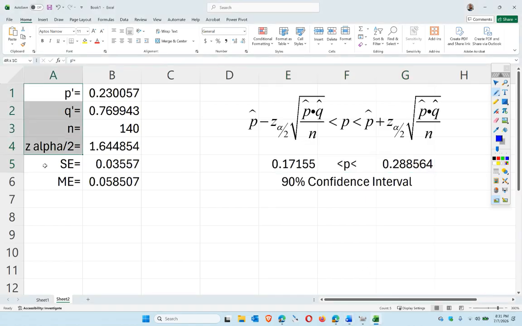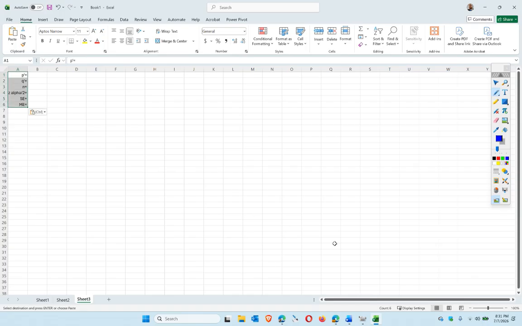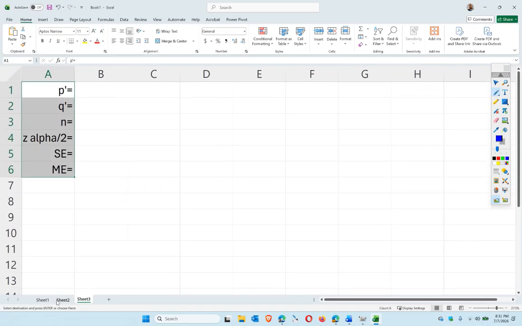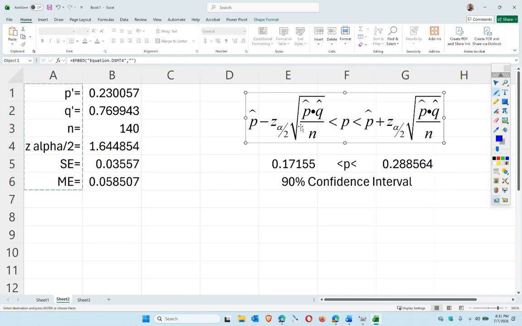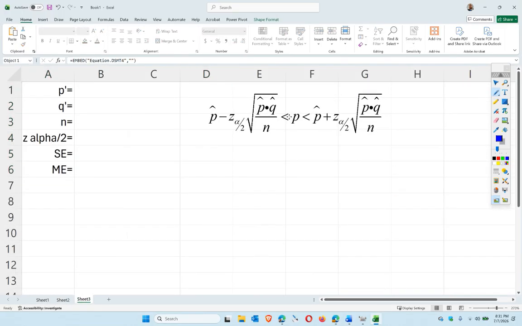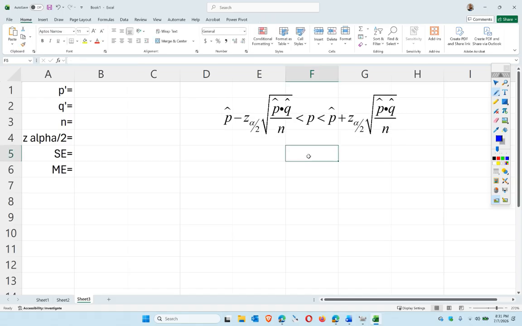So let's take these things here, copy them to a new tab, blow this up, take the formula. Again, you don't need to copy the formula. I'm going to copy the formula so you can see it, but you don't need to do that necessarily. Okay, so I'm going to put a symbol there, right?